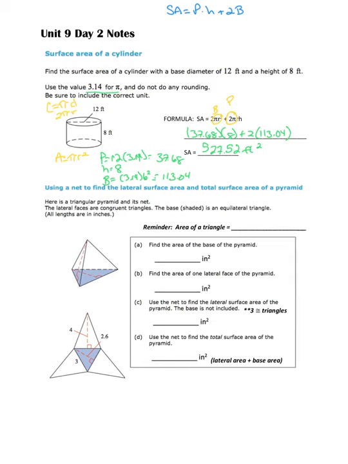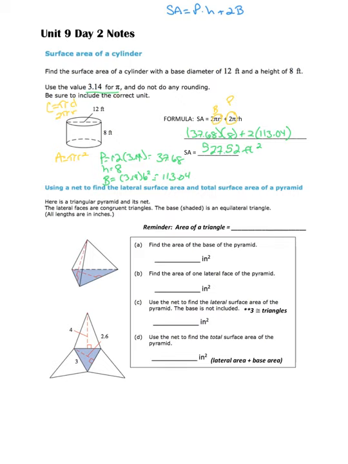When you get into higher levels of math, you will use the pi key and you will round to a different place. For now, please follow the directions. Use 3.14 for pi if we ask you to, and don't round unless we tell you to. That's not so bad, is it? That was pretty easy. Surface area, you're using the same formula.